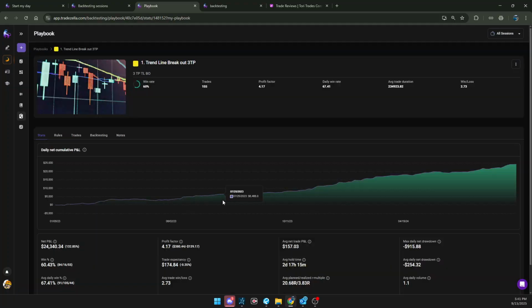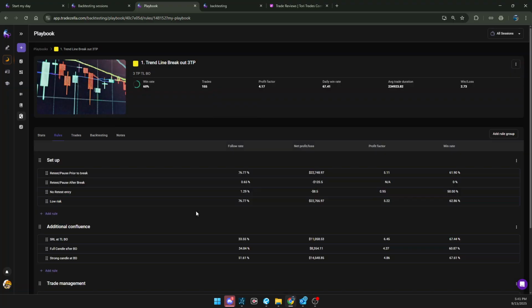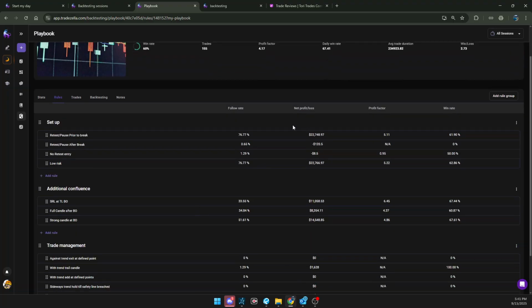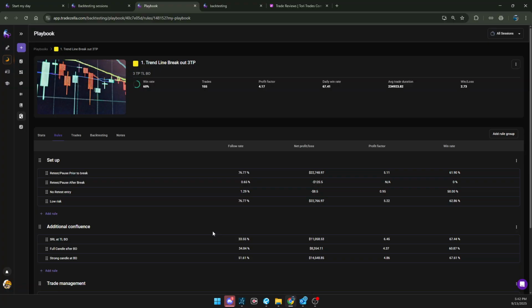Gives me a better idea. My live testing still has a lot of emotions. So now I can see my results from my back testing, how many times they're hit. And you can track this and you can manage it.